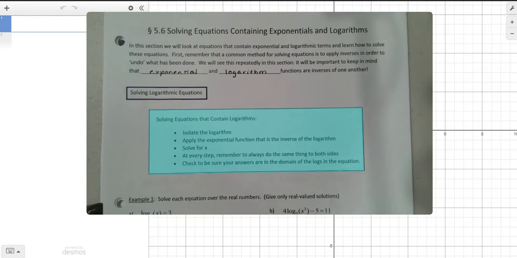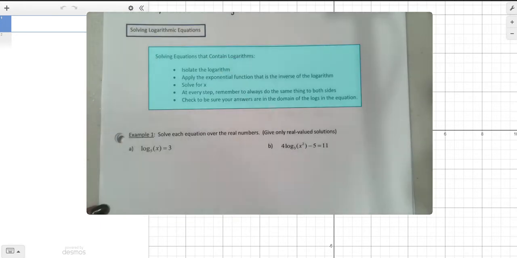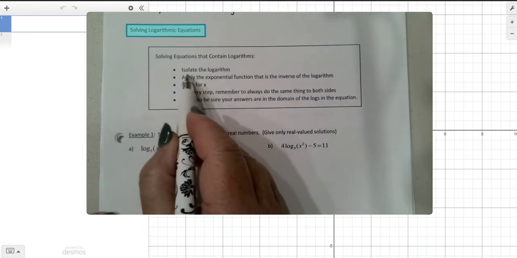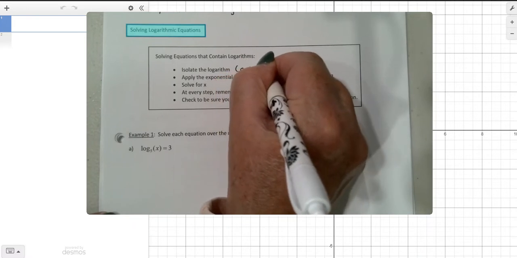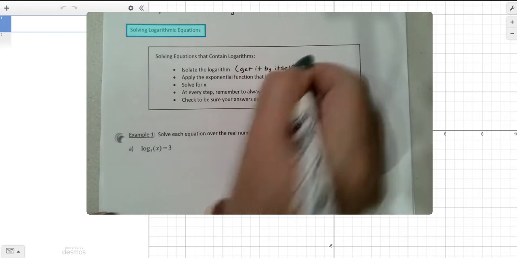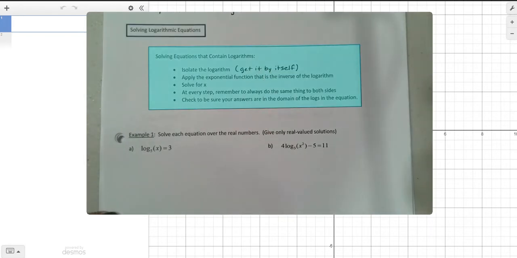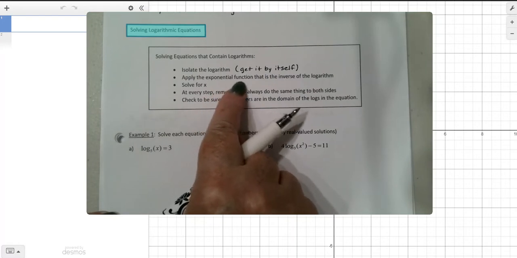All right, we're actually going to start by solving equations that contain logarithms. Basically, the idea is we want to isolate the logarithm, that is, get it by itself on one side of our equation. And then in order to get rid of the logarithm, we're going to apply the exponential function.